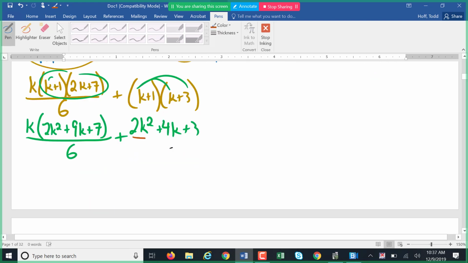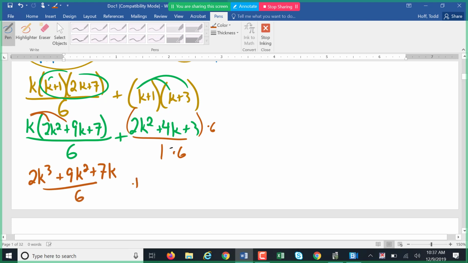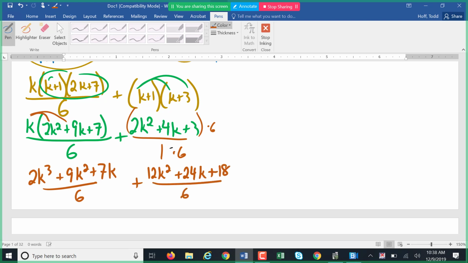I am going to put this over 1 and then multiply both the numerator and denominator by 6 so that we have 6 in the denominator. Over here I have to distribute the k. So this is going to be 2k to the third plus 9k squared plus 7k over 6 plus, here when I multiply by 6, that'll be 12k squared plus 24k plus 18 over 6.